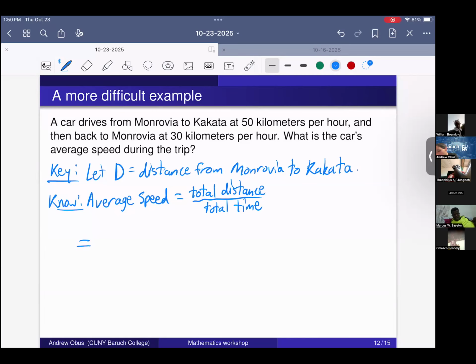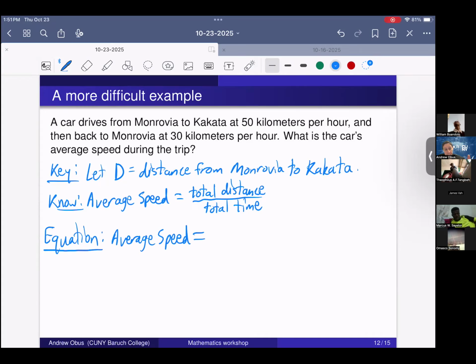Now we're going to do the equation part. The equation is going to be average speed equals, well, what's the distance? You drive from Monrovia to Kakata and back.